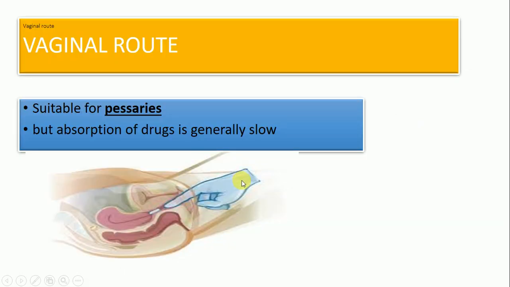There is another route that we call the vaginal route. This is applied to women, and it is suitable for pessaries. But one of the limitations of this route is that the absorption of the drug is generally slow.